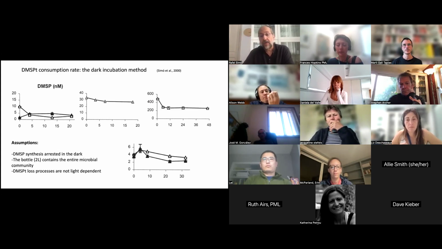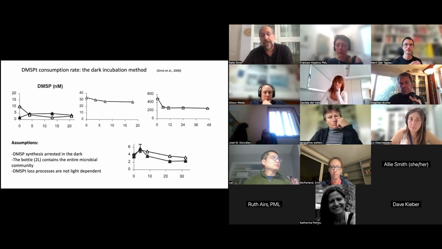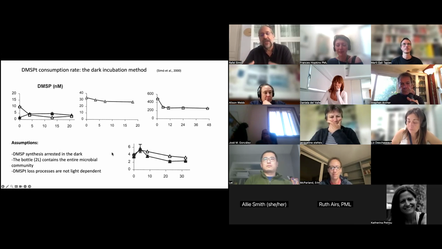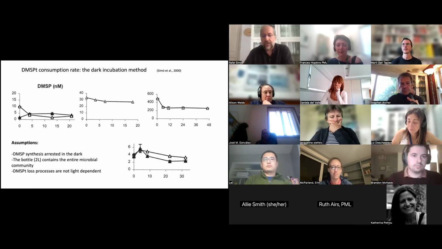This is probably because the synthesis of the DMSP is not immediately arrested; coming from the light, there is still some inertia for DMSP synthesis. So that's a problem. And then you can take it from that time on as a consumption. Well, this is very rough, but there are not many other ways of having an idea of how much the DMSP in total turns over every day or every hour.